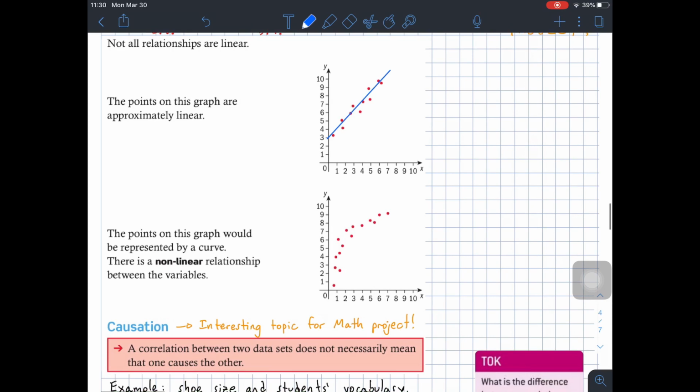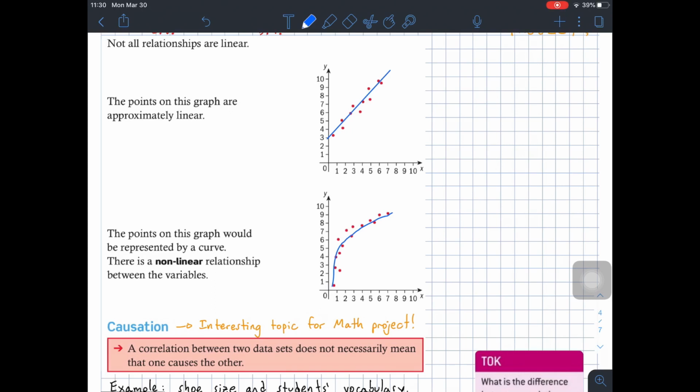You see that in the second case it says the points on this graph would be represented by a curve. There is a non-linear relationship between the variables. If we try to trace a line here, the line would look something like this maybe, right? But this line does not adjust properly to the set of points. It'll be better if we trace a curve that models this trend, right?